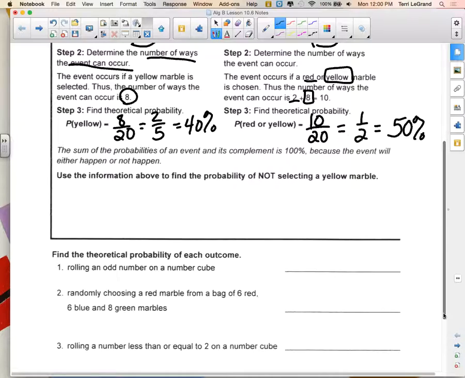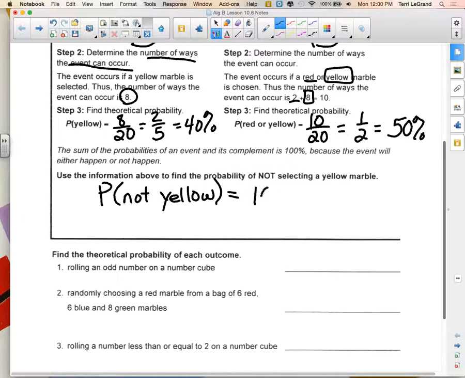Because we figured out what percent it is, how likely it is to get a yellow marble, so you just add it to get to 100. Or you could subtract it from 100, right? So let's write this. The probability of not yellow, well, we already figured out that the probability of getting yellow was 40%.